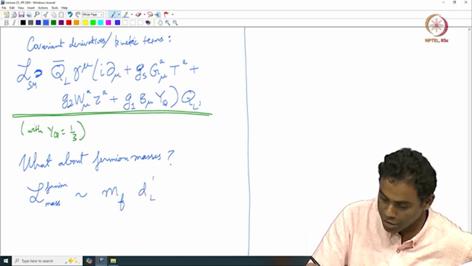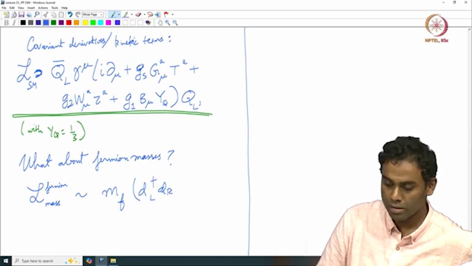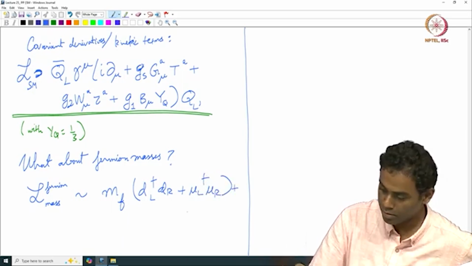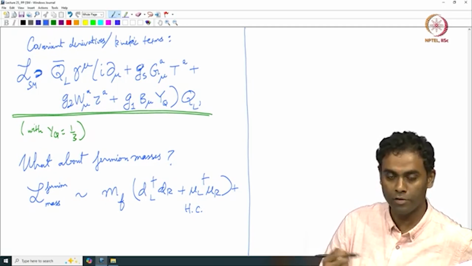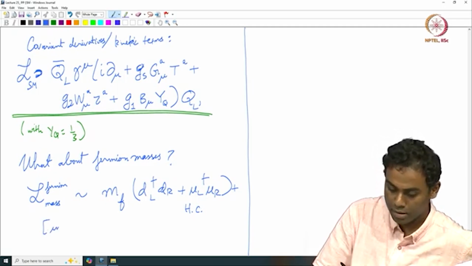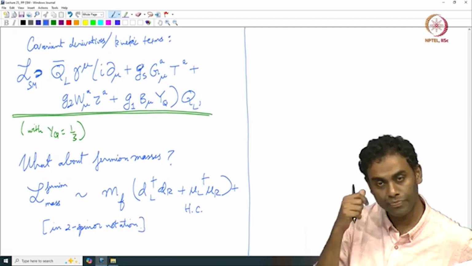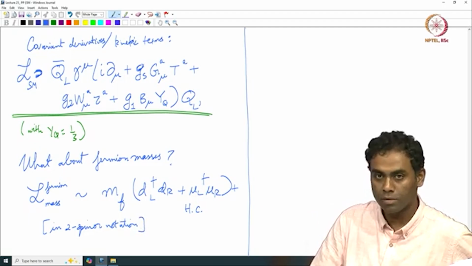Remember, in 2 spinor notation, I had to marry a left-handed field with a right-handed field, correct? And similarly for the U also, I had to marry these 2 chiralities, correct? From all those lectures ago when we introduced spinors. Remember this in 2 spinor notation. But I am not allowed to do this now, right?